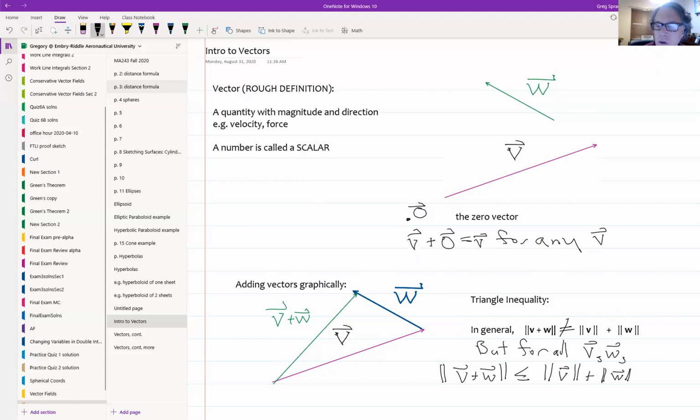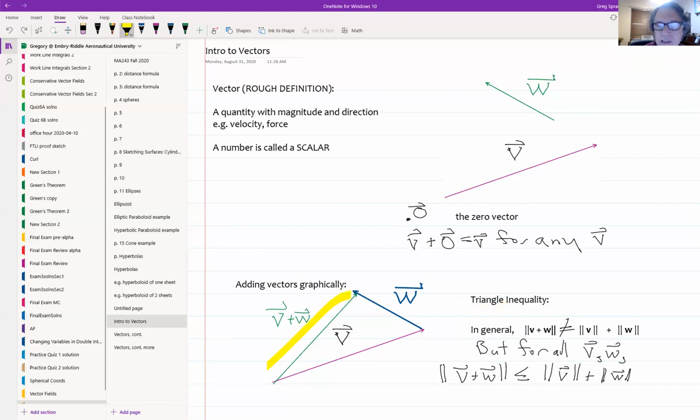The reason it's called a triangle inequality is this. If you draw v, w, and v plus w in a triangle, then these three numbers are the lengths of the three sides.